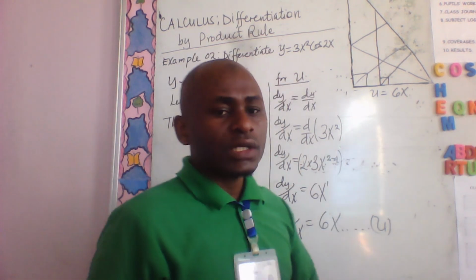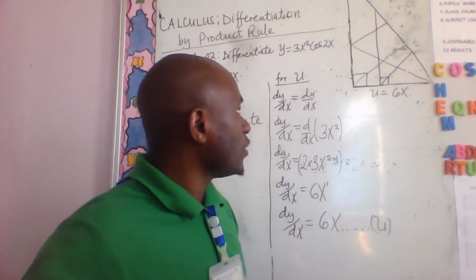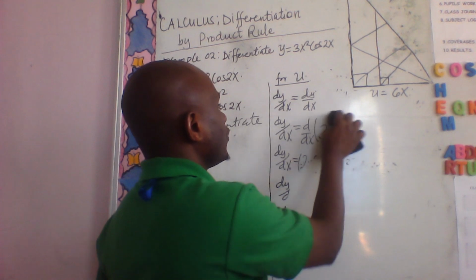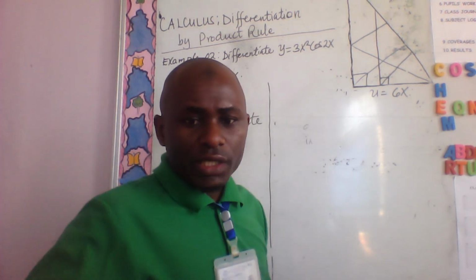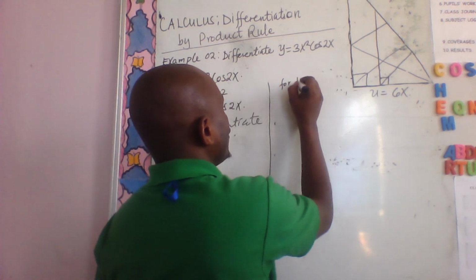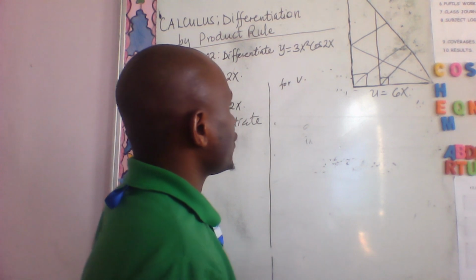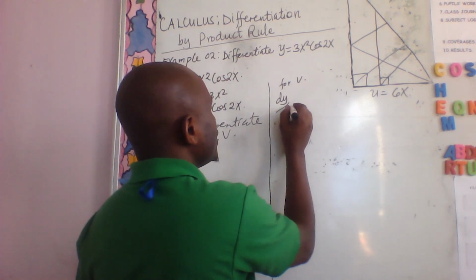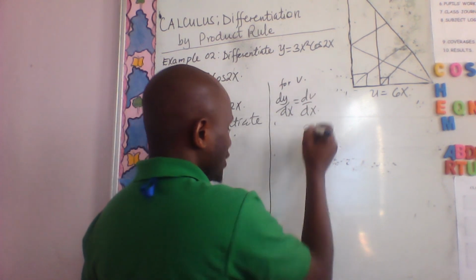After knowing that, let us proceed with the value of v. Let us see the value of v. Differentiate v. So here let us deal with the part of v. For v, let us see how we can deal with the mathematical operation. So for v, dy over dx is equal to dv over dx.